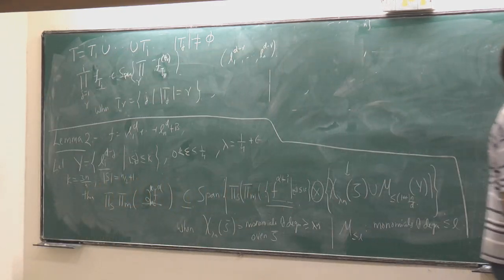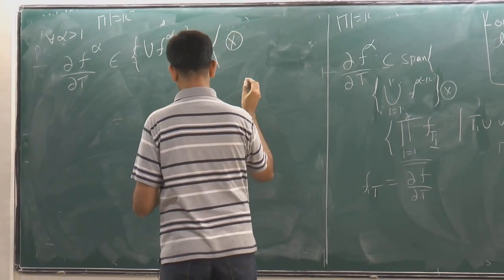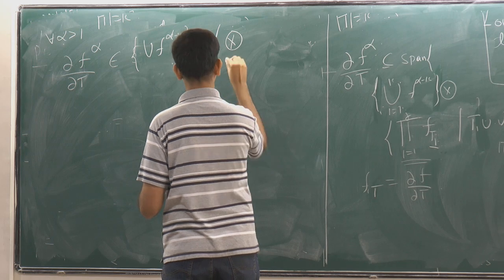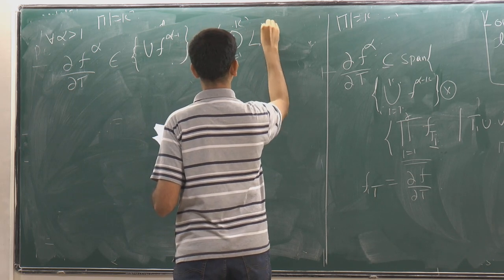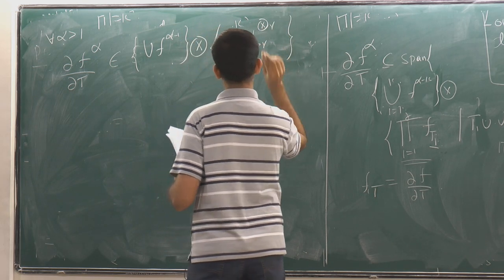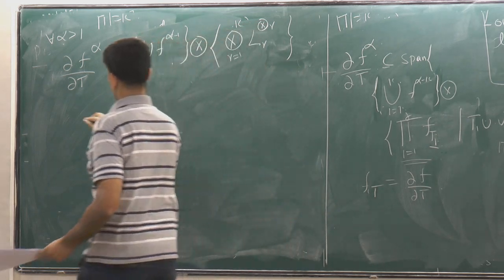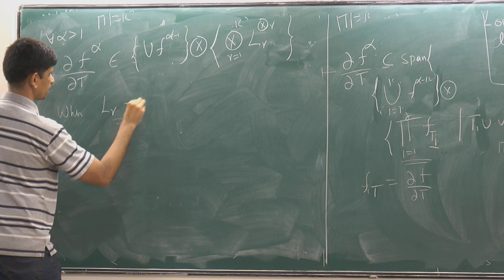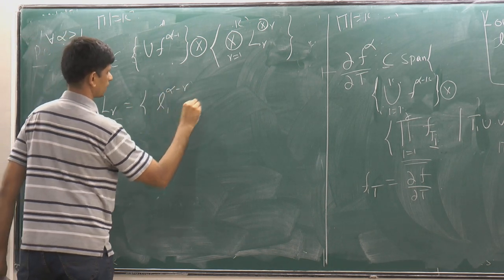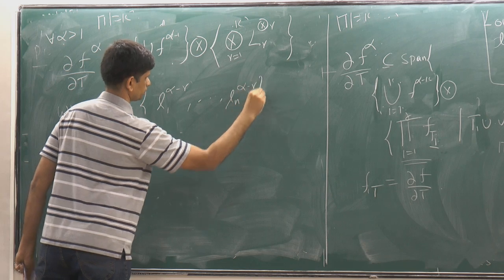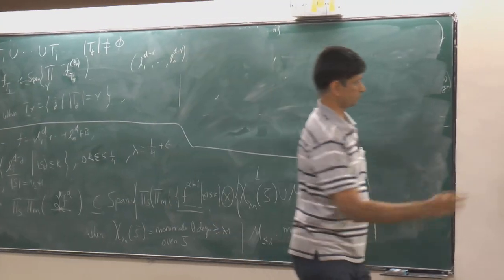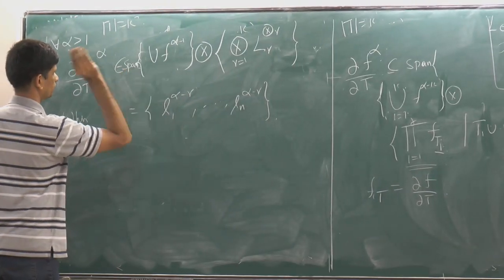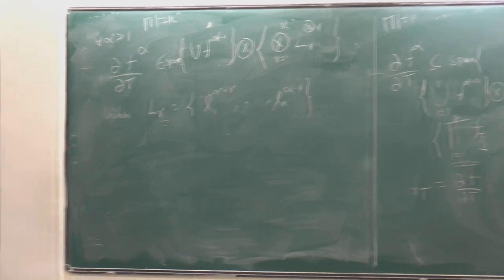So I could write this as a product of the form, r is 1 to at most k, L_r multiplied with itself r many times, where L_r is simply the set L1 to the alpha minus r etc. Ln to the alpha minus r. Again, I forgot to write the span, so it won't make sense. The constants won't match.